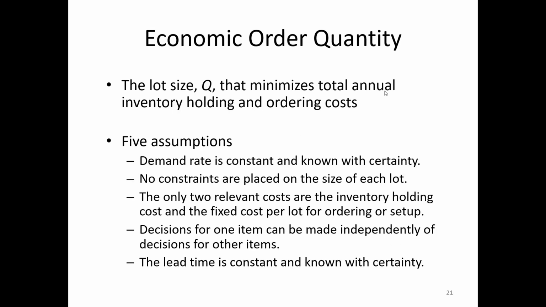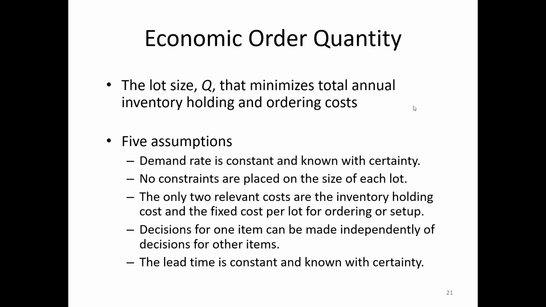Now, the economic order quantity. The economic order quantity theoretically is the order size or lot size, a Q. So Q is just an order size. EOQ is the economic order quantity, and that's just the order size that minimizes total annual inventory holding and ordering costs.